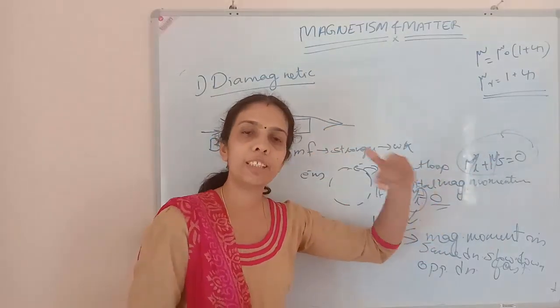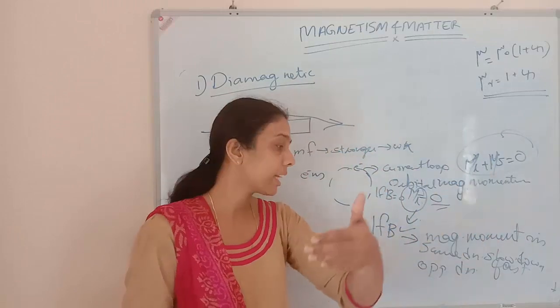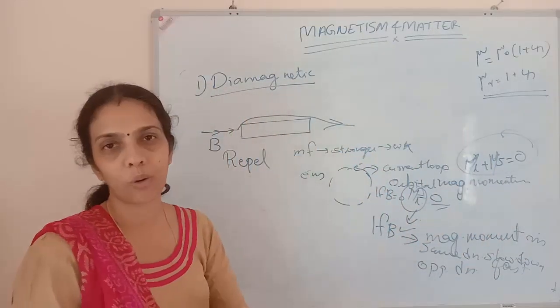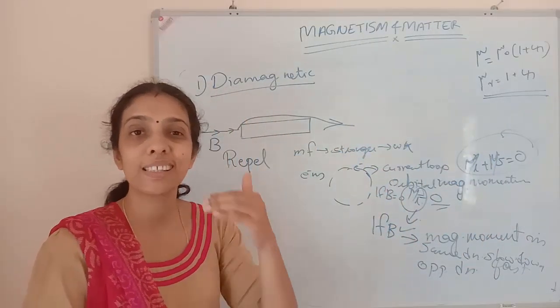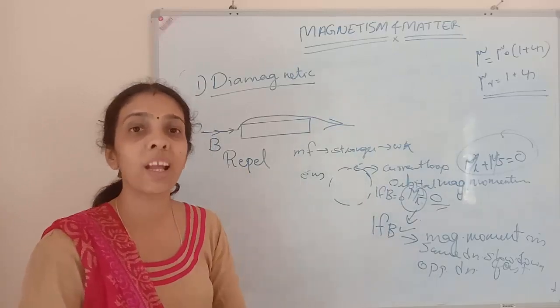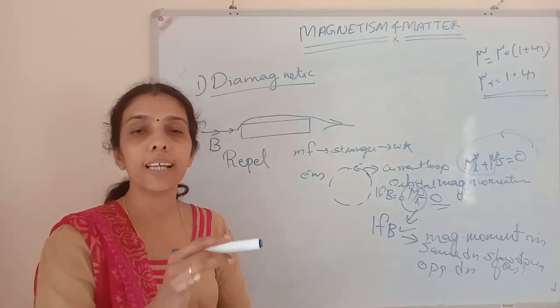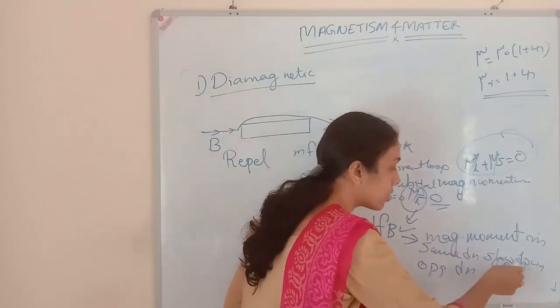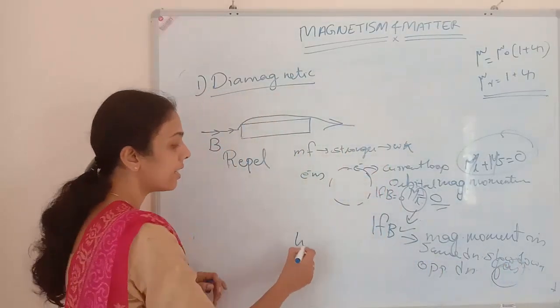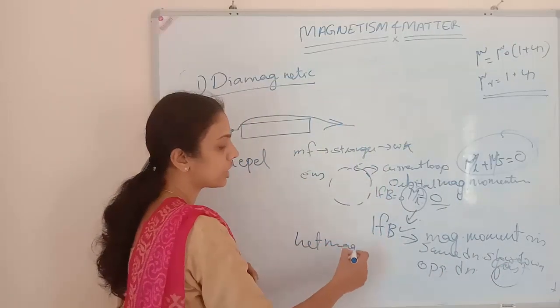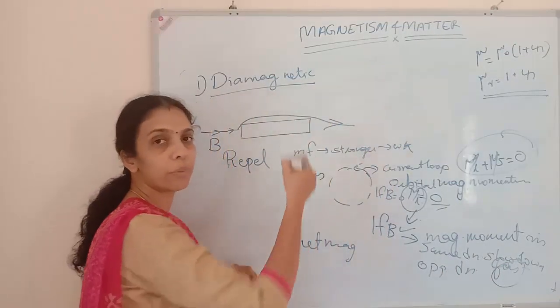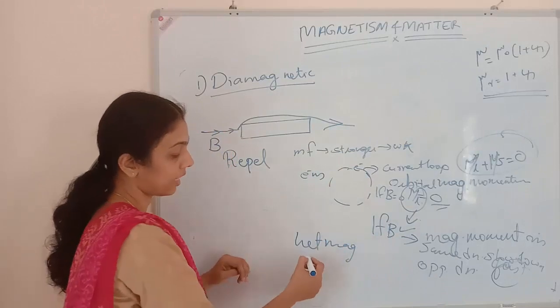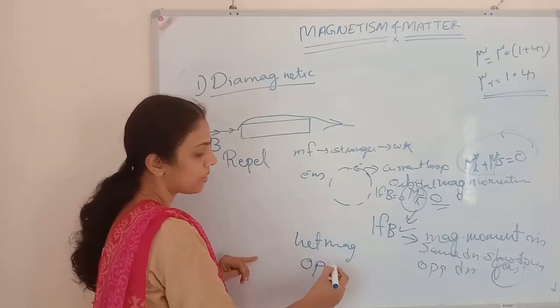The electrons which are moving in the same direction will slow down, and those moving in the opposite direction will move faster. Since it is the opposite direction, what will be the net magnetic moment? In which direction will the net flow be? The net will be in the opposite direction.